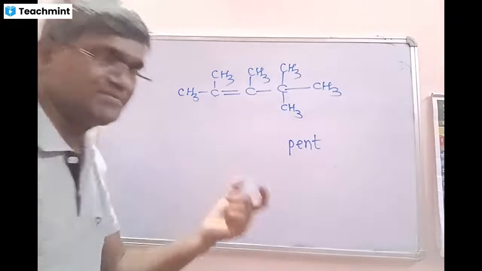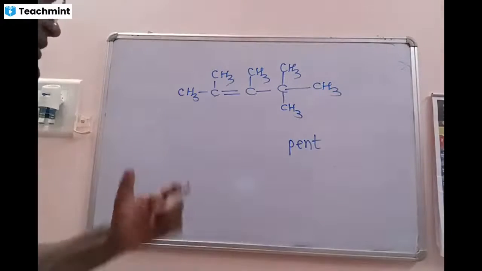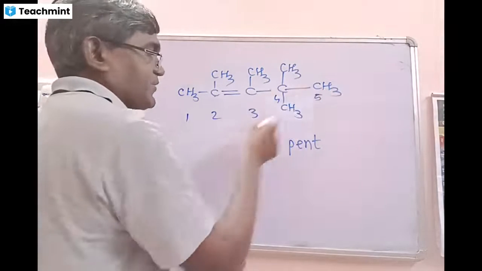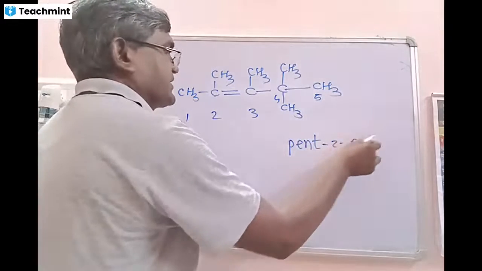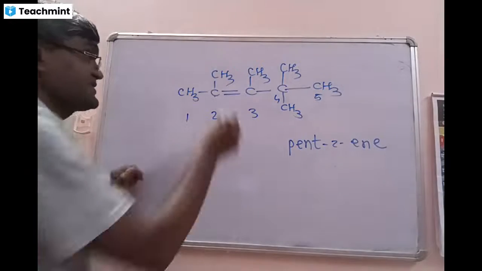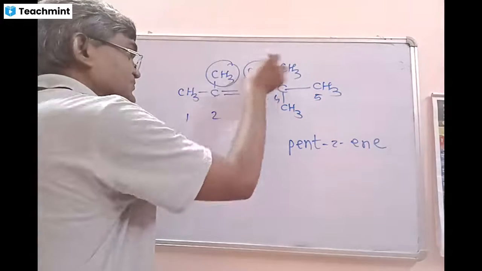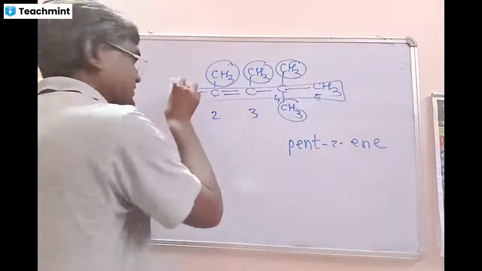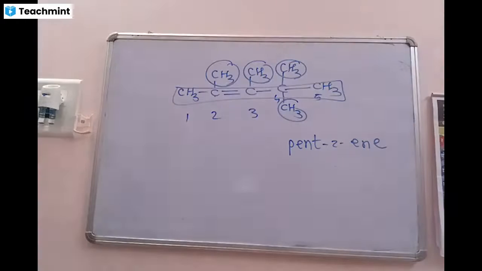Pent-2-ene, fixed for 5 carbons. Then if you number from this side, this carbon will get the least possible number having the double bond. So that will be pent-2-ene. Then how many methyls are left? 1, 2, 3 and 4. इतना ही आपने सिलेक्ट किया था चेन में. बचे हुए तो सारे सर्कल साइड चेन में हैं. कितने हैं? 4.